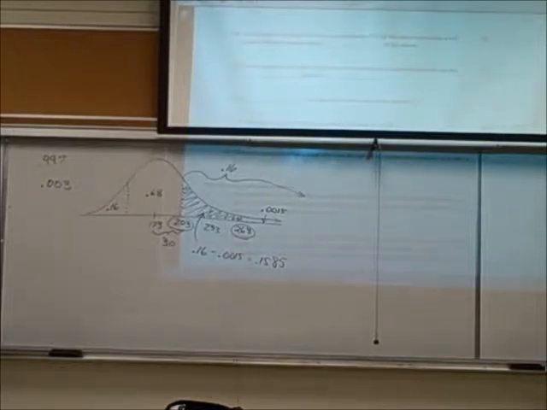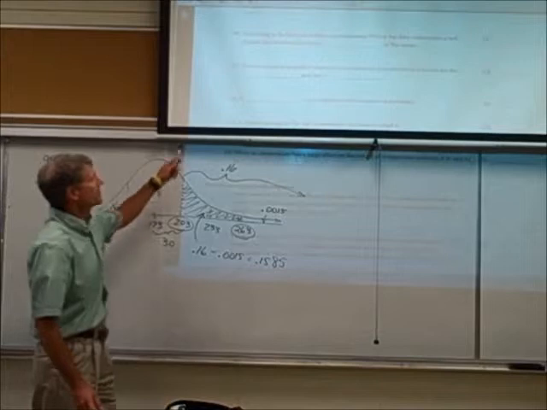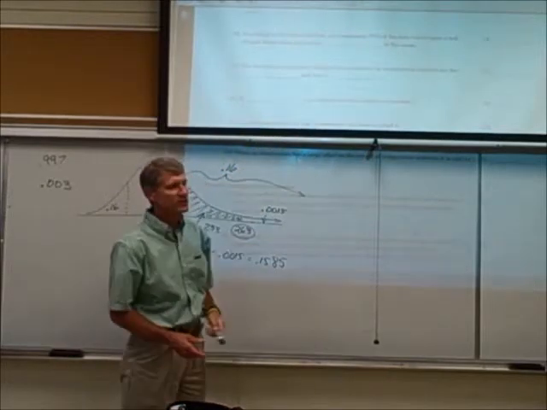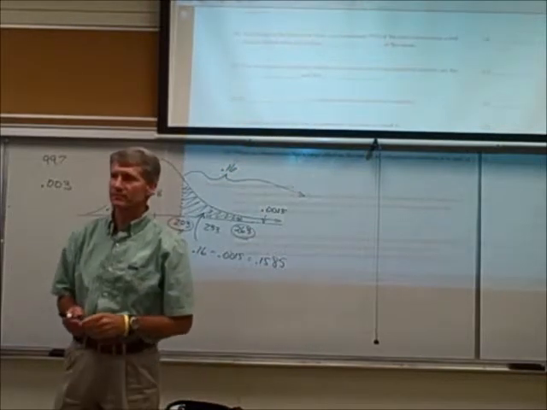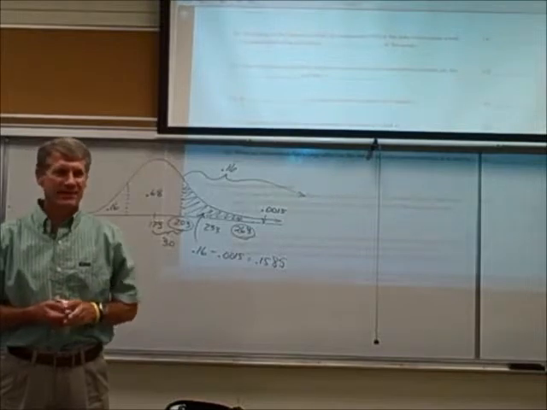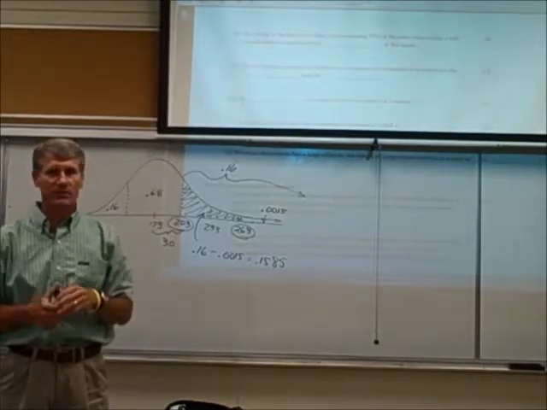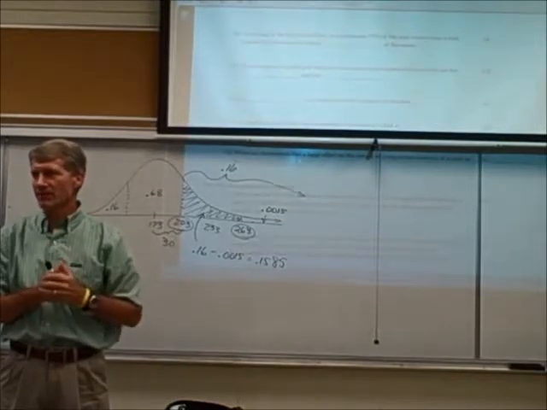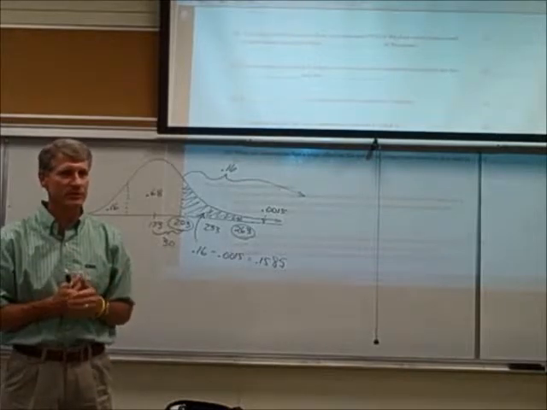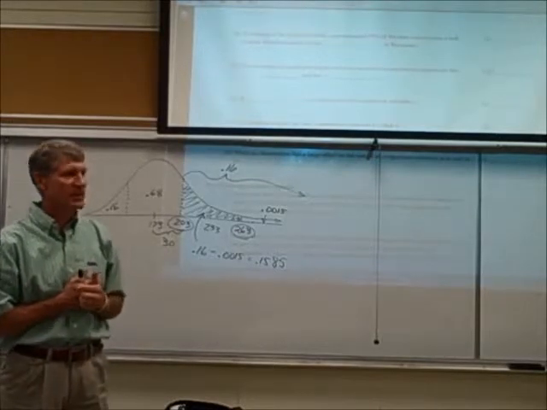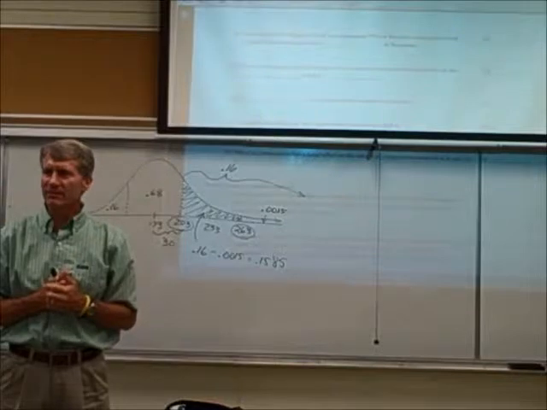So 16 says a blank is a display for 2 categorical variables. And the way it's worded, it makes it look like there's one right answer, but there's actually a couple of different things you could put in there and it would be true. So it says a display. It does not say a graph.